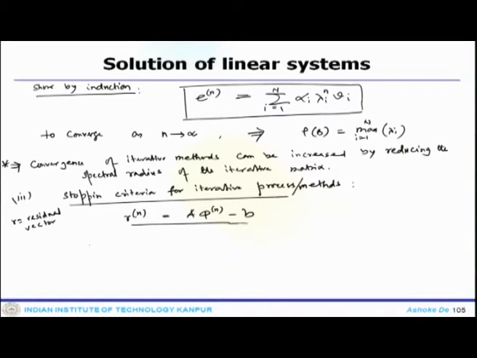For example, the maximum over i from 1 to n of b i minus the summation of j equals 1 to n of a ij phi j, which is less than epsilon. So epsilon is a small specified value.